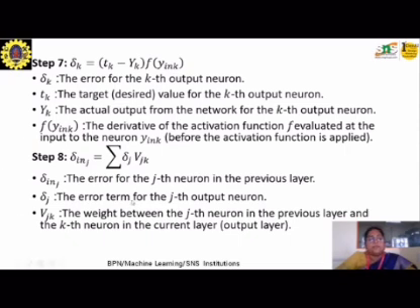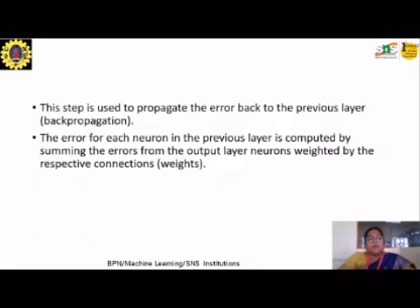Same for step 8: wherever we see del, it is an error value. So it is the summation of all the del j, the error term from the jth output neuron, into vjk, which is the weight. This is how the error is back propagated and rectified.